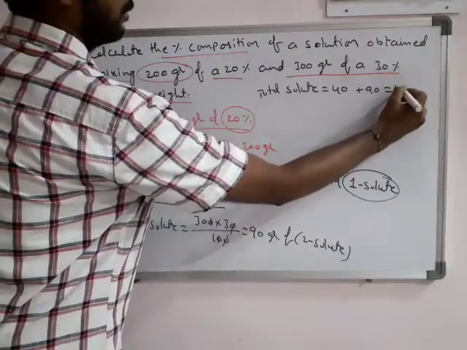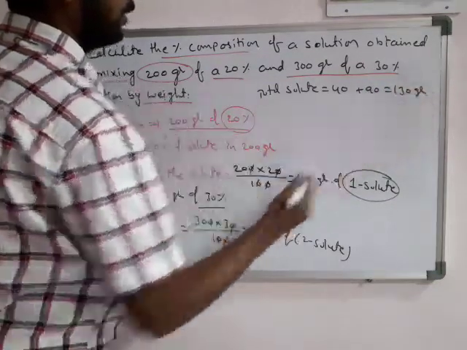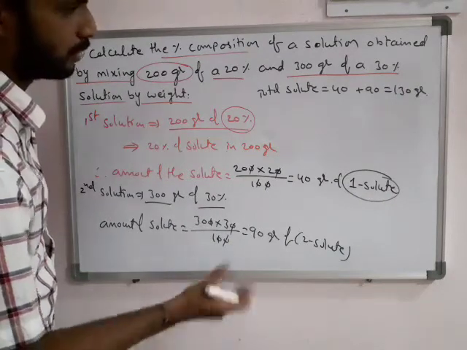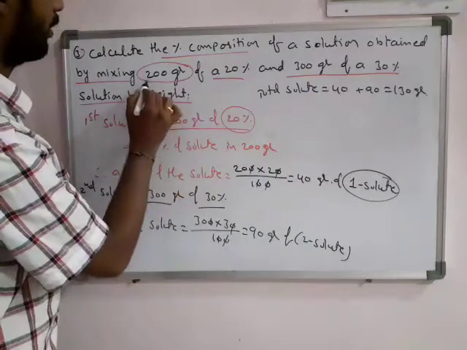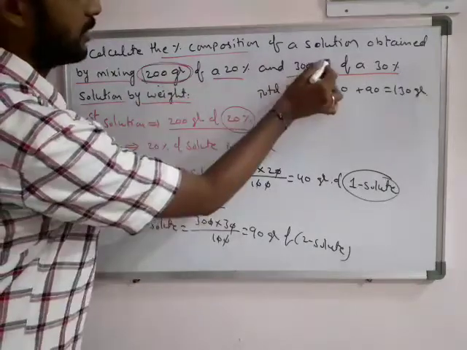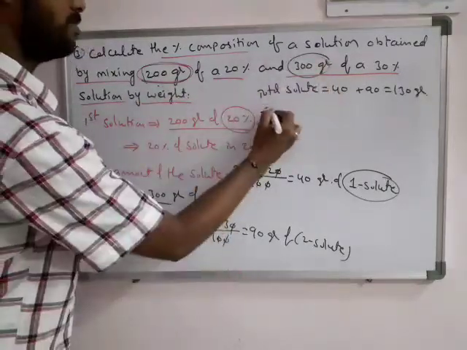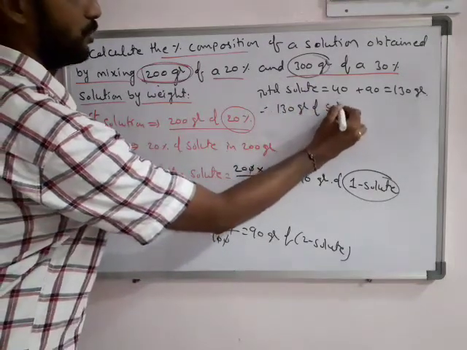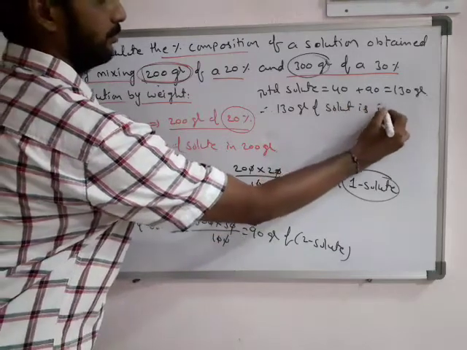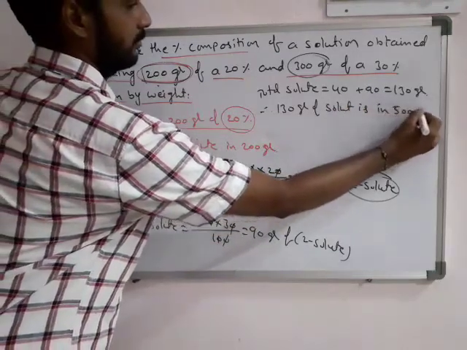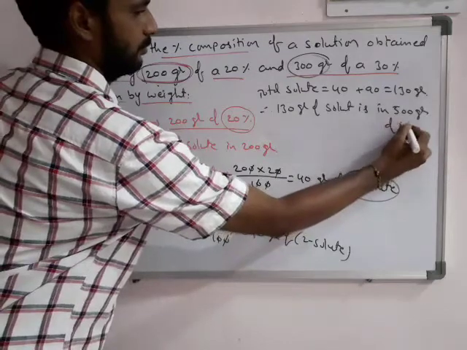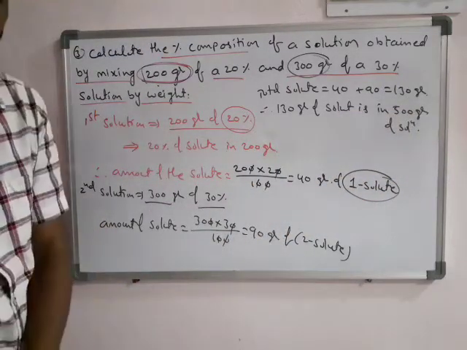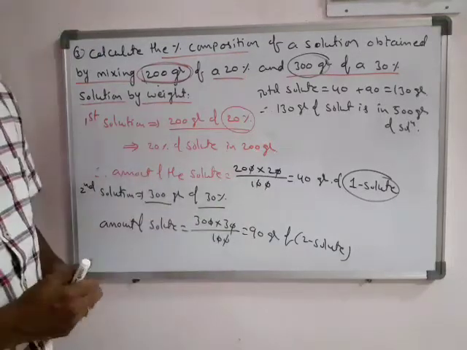It is totally 130 grams of solute. Total mixed, this is 200 of the first one and 300 of the second one. This means that 130 grams of solute is in 500 grams of solution.